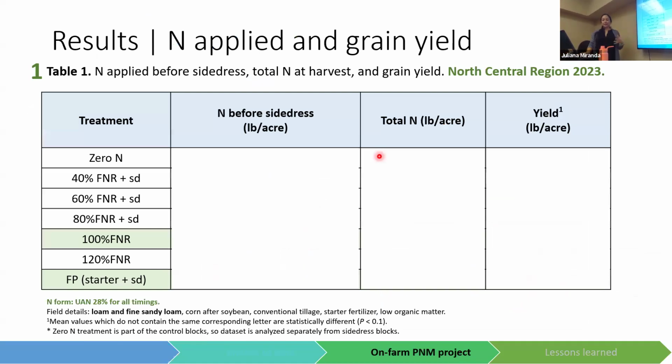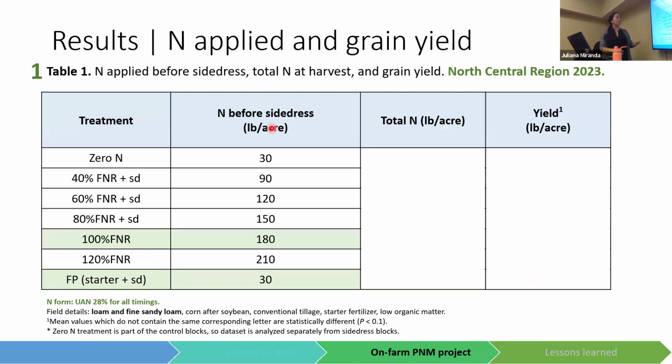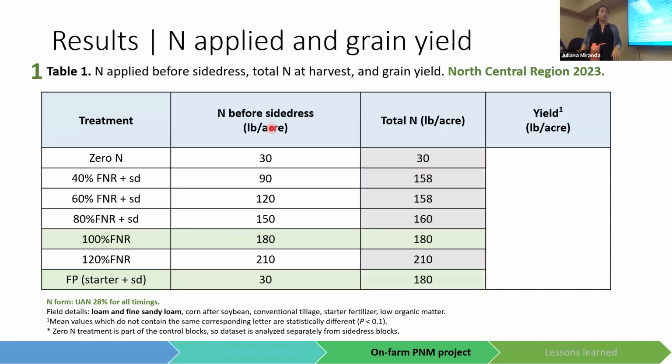So let's see, in this table, I have the treatment, and then I have the nitrogen that we applied before sidedress. This will be based on those percentages. So you can see that it goes from low to high. In this case, we have another example, but just focus on this. And then here is the total nitrogen that we use at the end. So this includes the before sidedress and whatever we apply later.